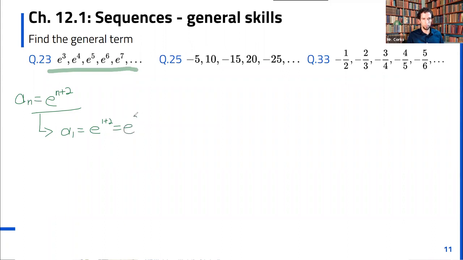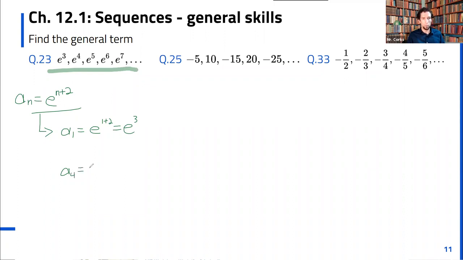So yes, E cubed. That's right. Don't just check one of them. 2 is good. 3 is just a good habit. With just 2 of them, there are definitely mistakes you could make where it would still be true for 2 of them. So testing 3 is the way to really be certain.